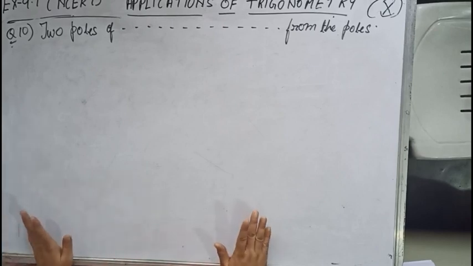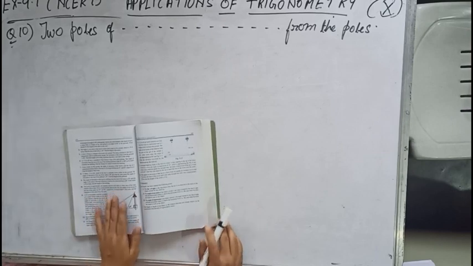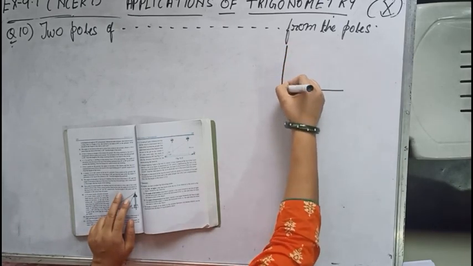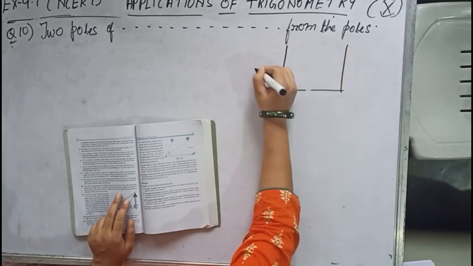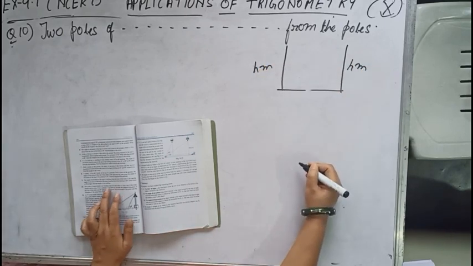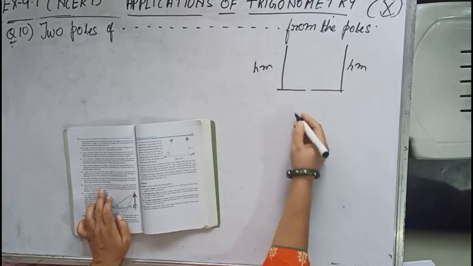Now moving to question number 10, let us first read question number 10. What is question number 10? Question number 10 is saying that two poles of equal height, let us suppose it is h meter, are standing opposite to each other on either side of the road, which is 80 meter wide.